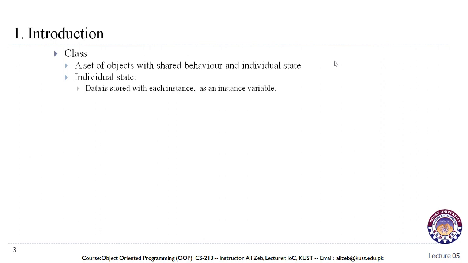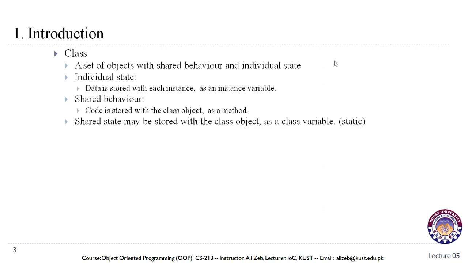These are basically the properties or attributes associated with a certain class. And the behavior of the class can then be shown by the methods or functions defined within the class. Code is stored in the class objects as a method.